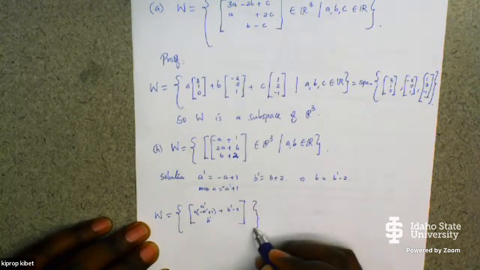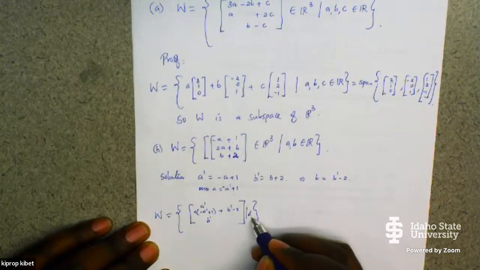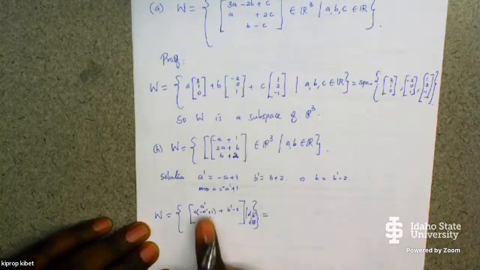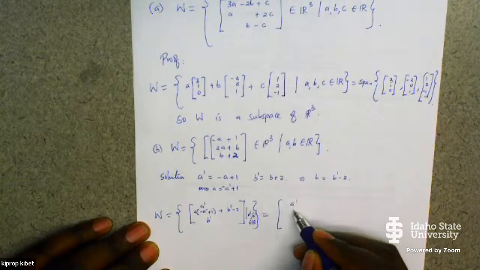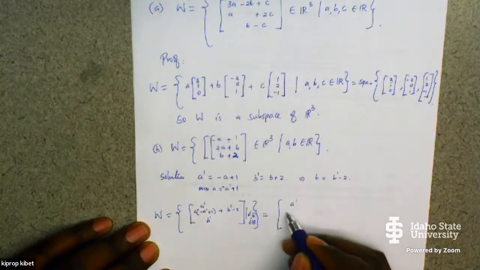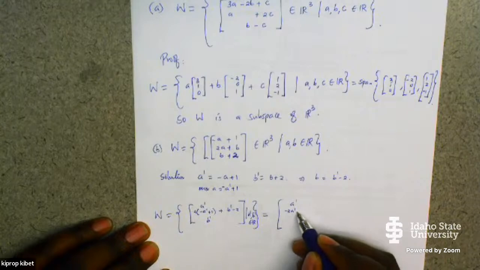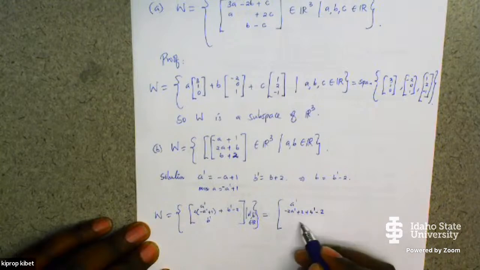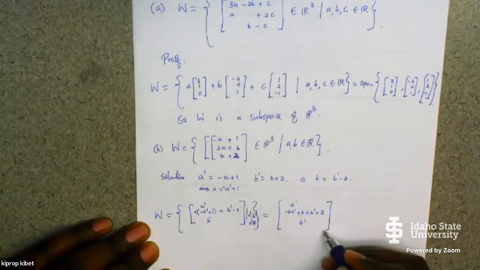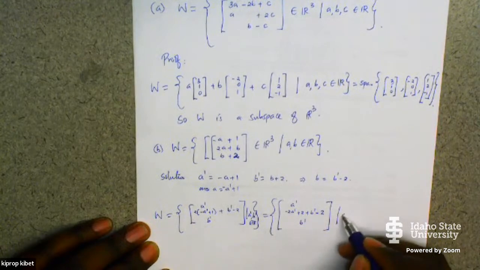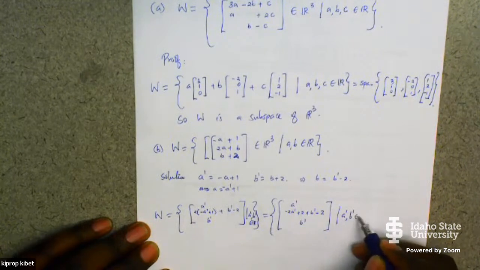We have it like that, say that A prime and B prime are elements of real numbers. Then, if we solve that, we have A prime there, and then here minus 2A prime plus 2 plus B prime minus 2, and then the last one is B prime, such that A prime, B prime are elements of real numbers.